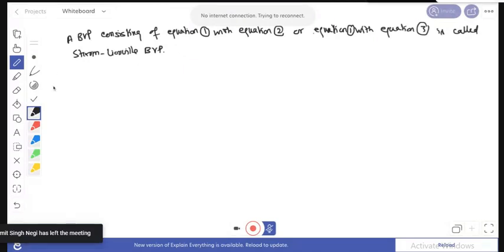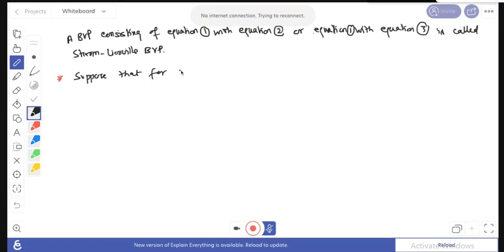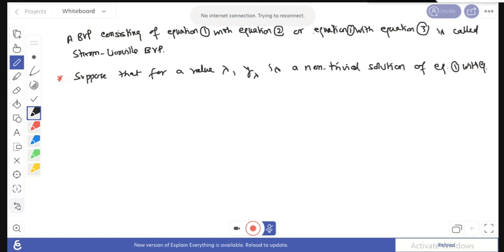Okay, so suppose that for a value of lambda, you find y lambda, a non-trivial solution of equation 1 with equation 2, or suppose equation 1 with equation 3.